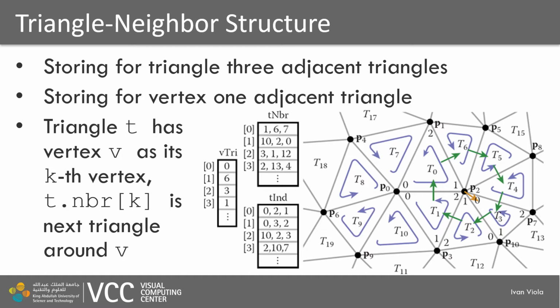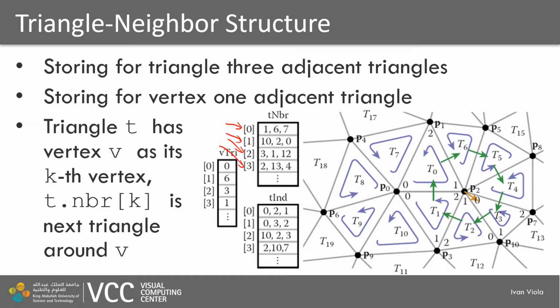is the so-called triangle neighbor structure. Here, in this representation, we will have our triangles 0, 1, 2, 3 triangles will always contain an index to the neighboring triangles.